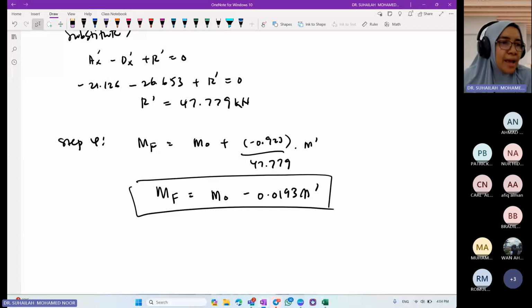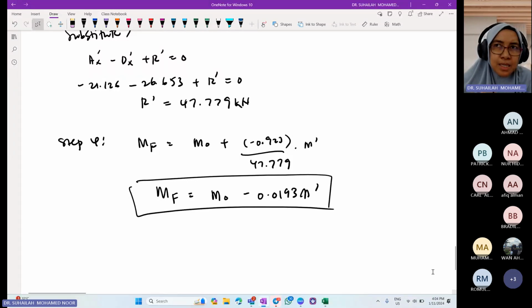You have to combine the M moment from table 1 and the M moment from table 2 using this formula for final M moment. The correction factor is negative 0.0193, multiplied with M prime, so you will get the final M moment.